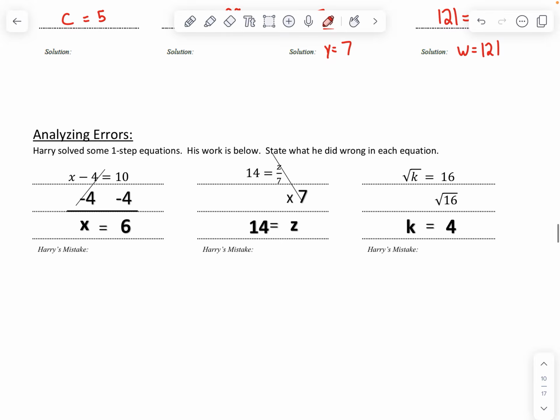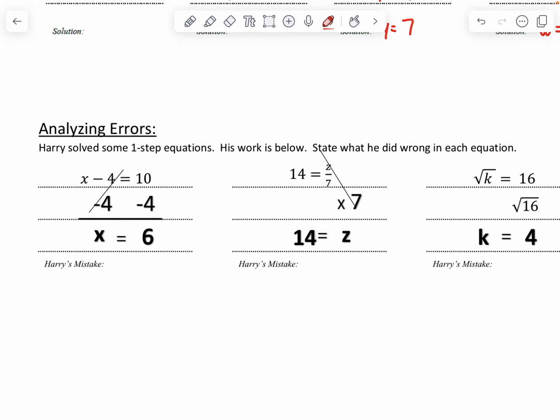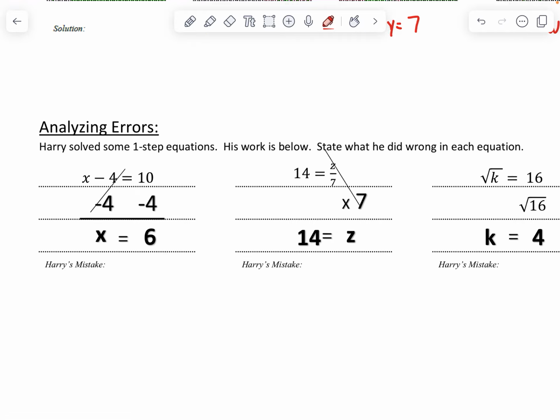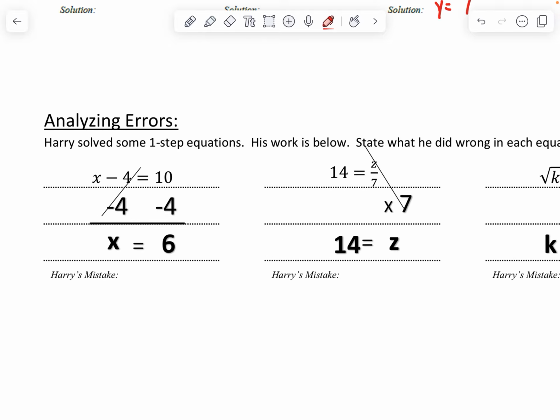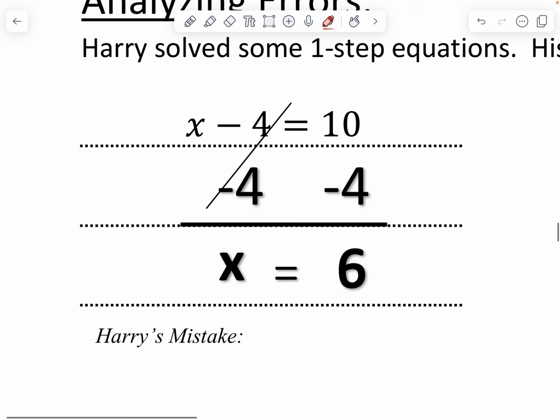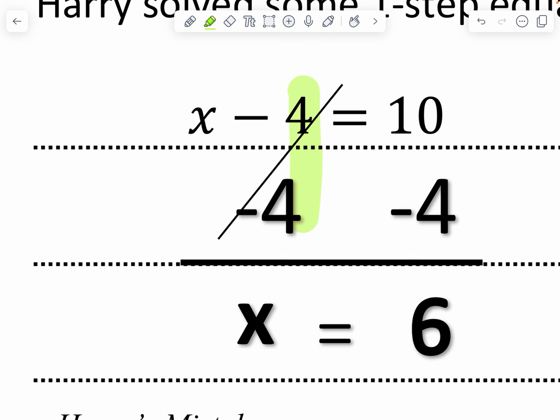And one last part here, some error analysis. Harry solved some one-step equations. His work is below. State what he did wrong. I'll do the first one with you guys, then I want you to try the next two on your own. So x minus 4 equals 10. He did minus 4 on both sides to get x equals 6. The error on this problem is right here. Well, really, it's actually this right here. It was originally a minus.